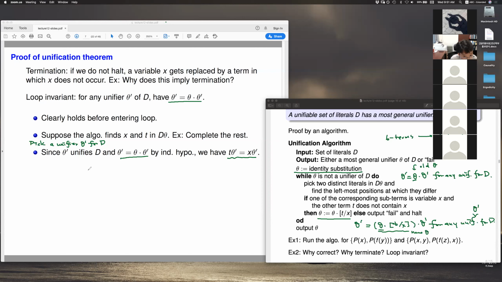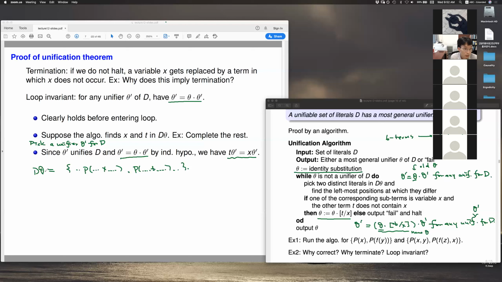If you remember where X and T come from, they come from what we get from D theta, where in one case we have variable X, and in the corresponding position of the predicate symbol P, we have a T. That's what we have for D theta.